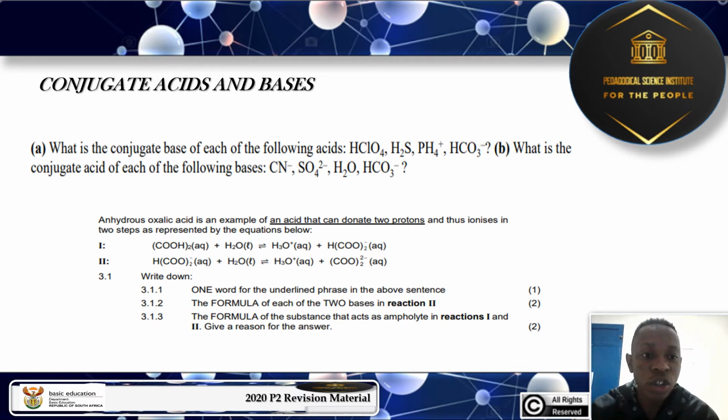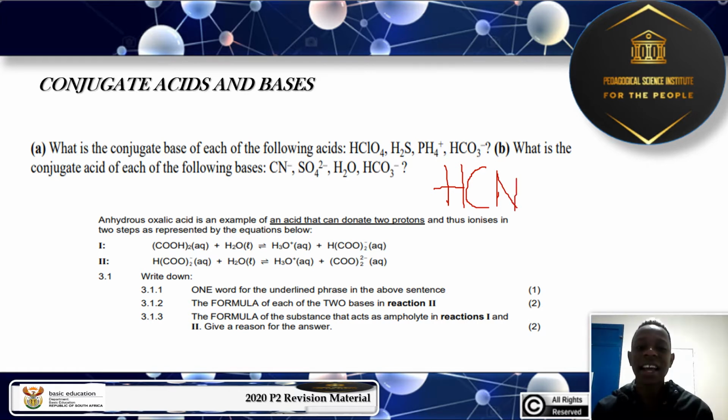H. So the conjugate acid of the following base, for CN minus, is going to be H, the one that is already accepted, C, which is this C, and N. This N comes from this one. Then we won't have anything here. It was minus, now we're going to have neutral, which is HCN. Do you get it?